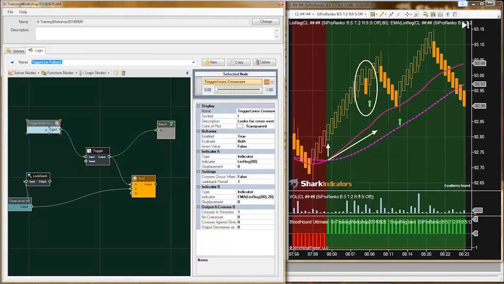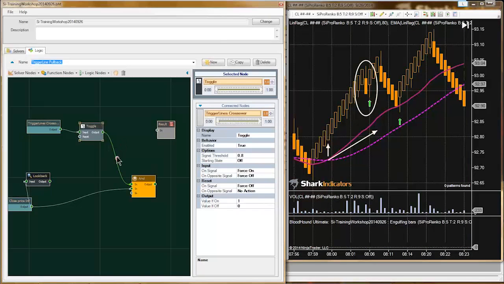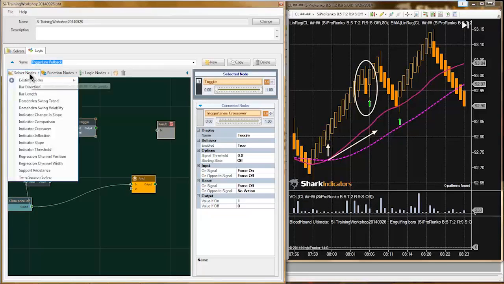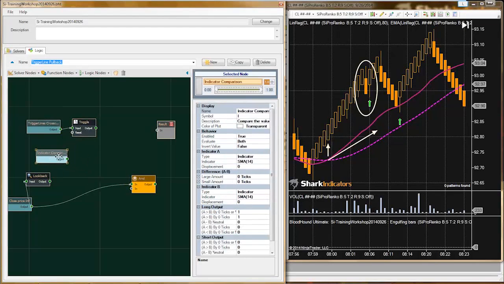Actually, I'm not going to use the crossover or the toggle node. How about if I take these out of the equation, and let's approach this using the comparison solver. Alright, so let's name this solver.